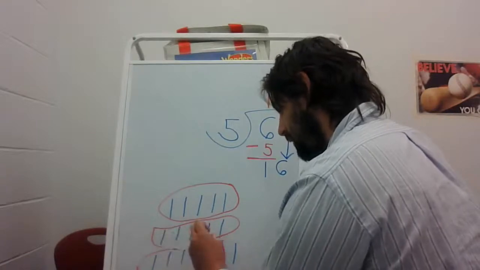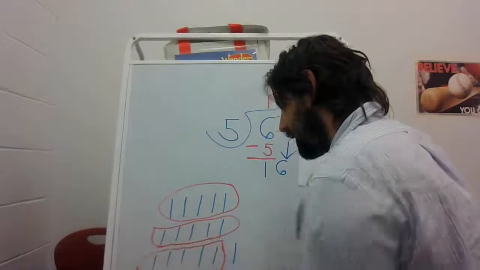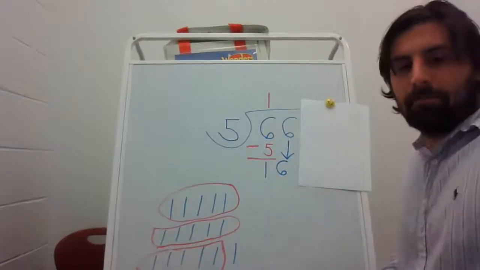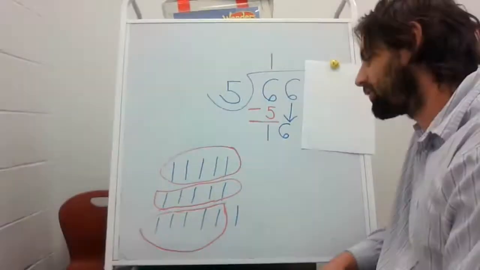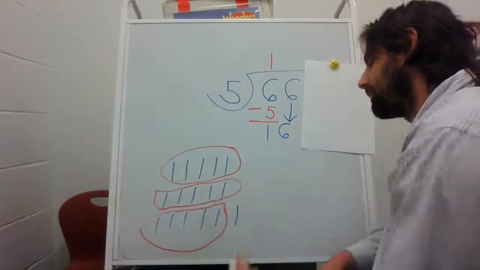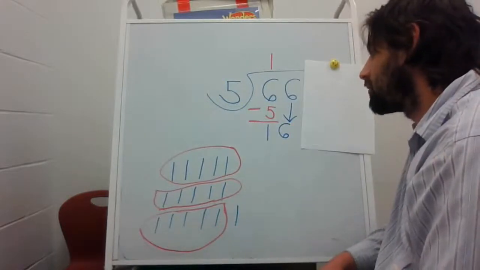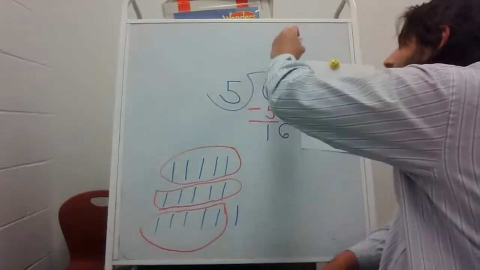I'm going to separate that a little bit. Now, how many circles, how many groups of 5 do we have? 1, 2, 3. So 16 divided by 5 equals 3. 5 goes into 16 3 times.